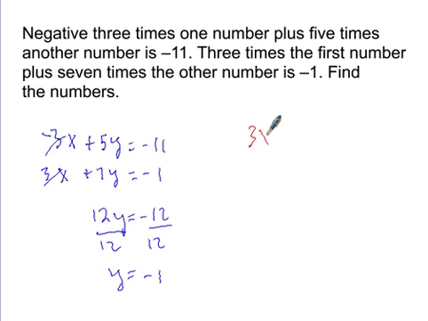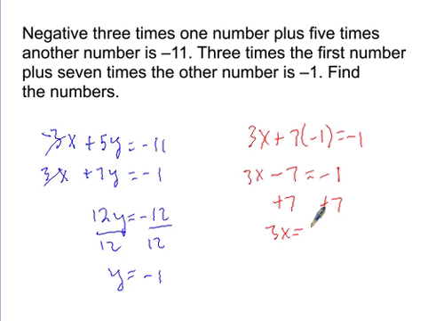So 3x plus 7 times negative 1 equals negative 1. 3x minus 7 equals negative 1. Add 7. 3x equals 6. So x is 2. The ordered pair is 2, negative 1.